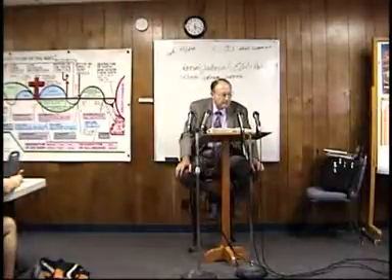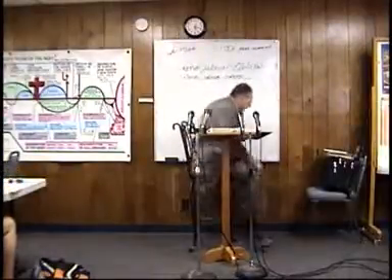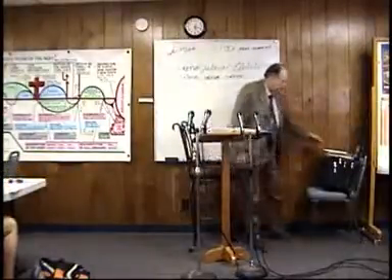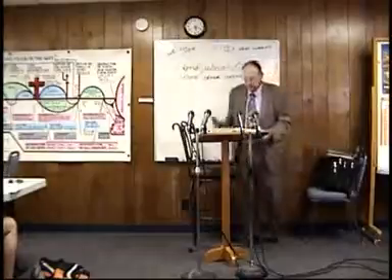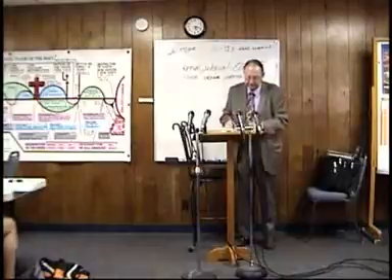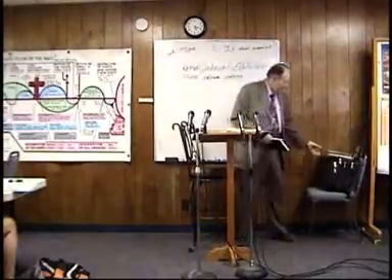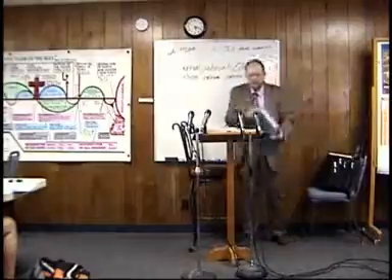Let's look and see who these people are. Now, the Bible talks about Nephilim. In the 6th chapter of Genesis, it names the Nephilim. I brought this with me tonight.